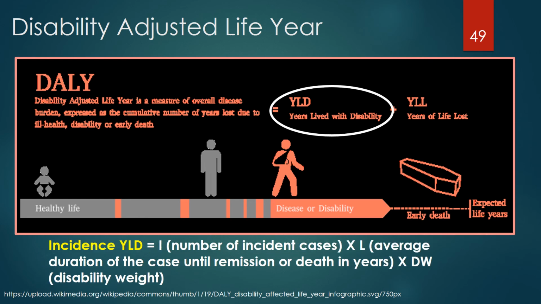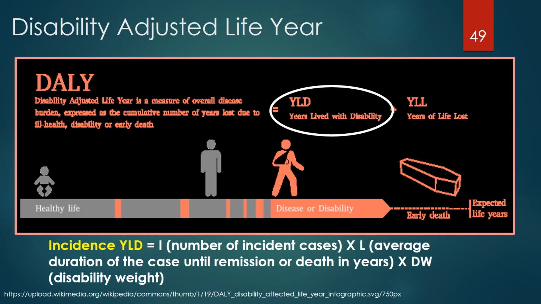To estimate YLD for a particular cause in a particular time period, the number of incident cases I in that period is multiplied by the average duration of the disease L and a weight factor DW that reflects the severity of the disease on a scale from 0, perfect health, to 1, dead.